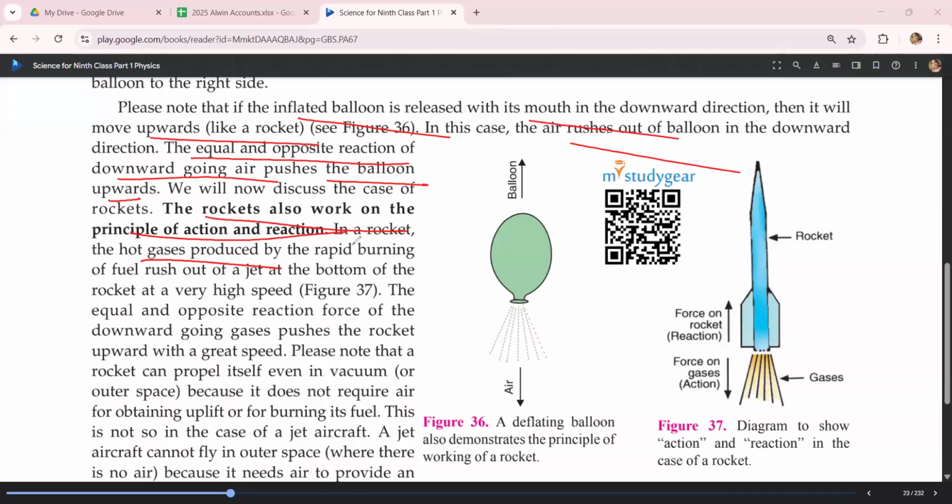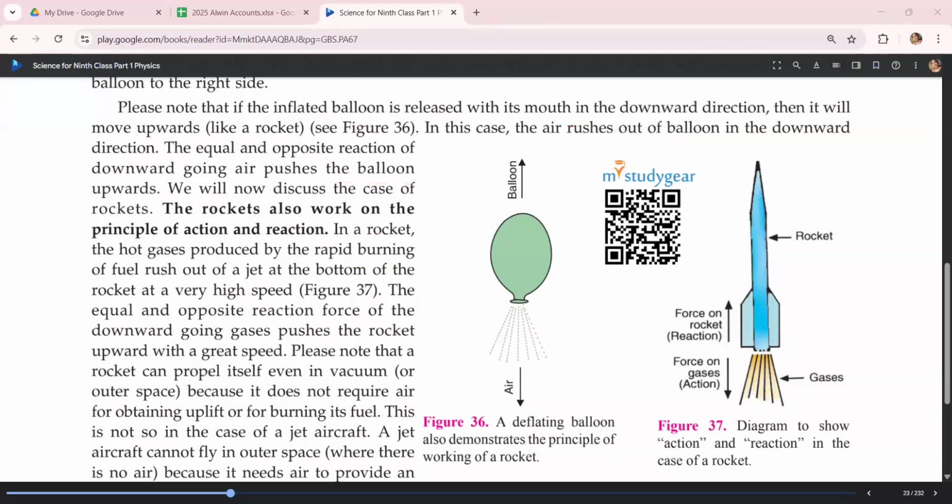In a rocket, hot gases produced by the rapid burning of fuel rush out of the jet at the bottom of the rocket at a very high speed. The equal and opposite reaction force of the downward going gases pushes the rocket upwards with great speed. Please note that a rocket can propel itself even in vacuum because it does not require air for burning its fuel.